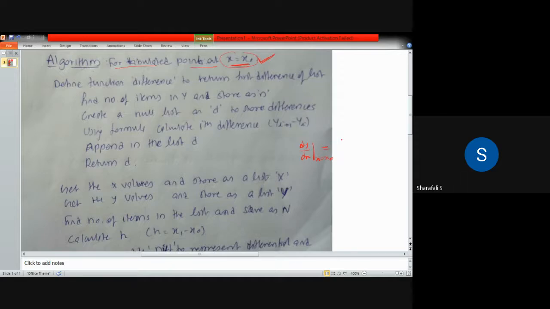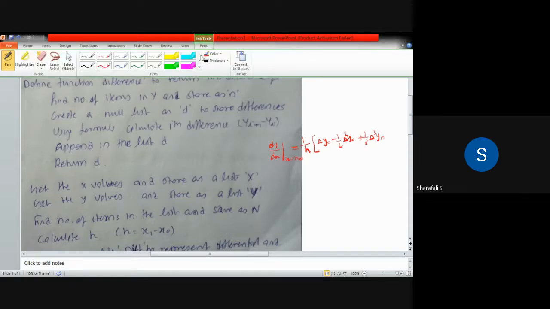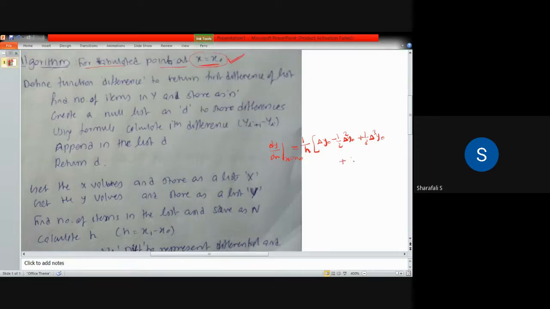So this will be equal to 1 by h times delta y0 minus 1 by 2 delta square y0 plus 1 by 3 delta cube y0, and then we are having the next term, the fourth term, that is 1 by 4 delta raised to 4 y0.